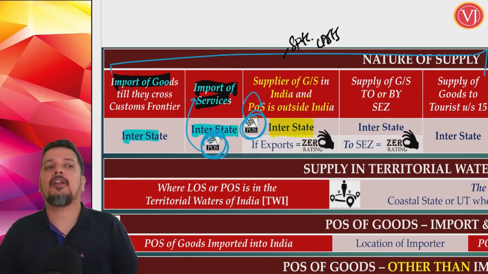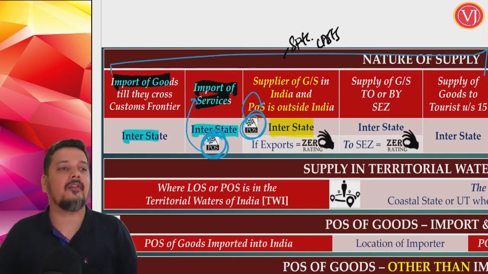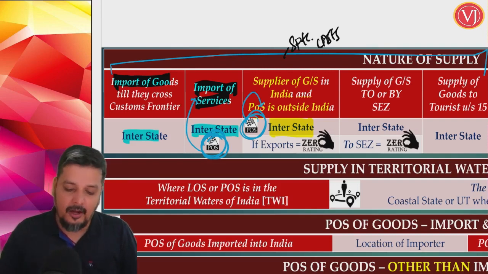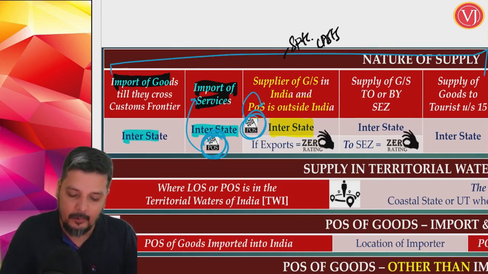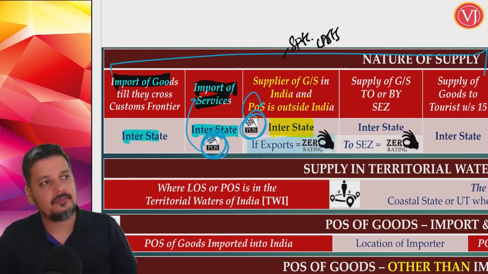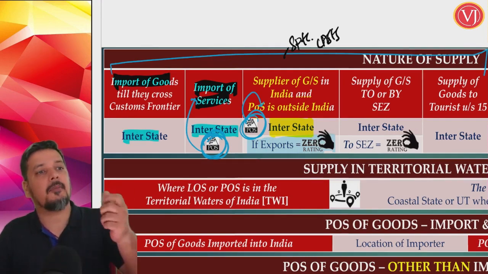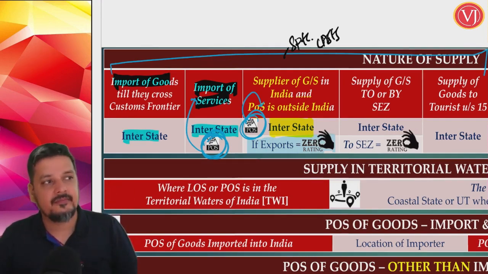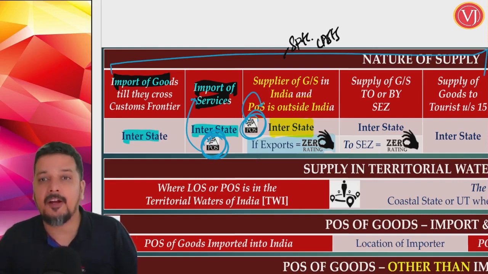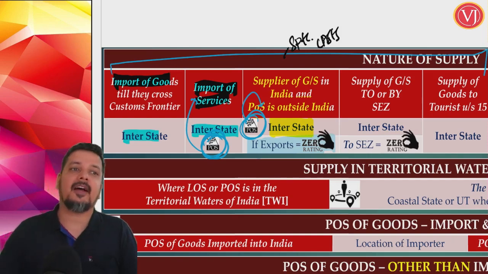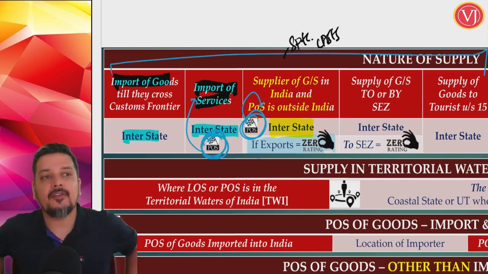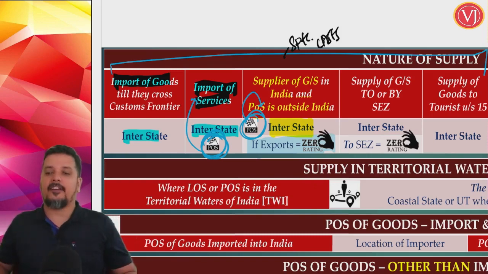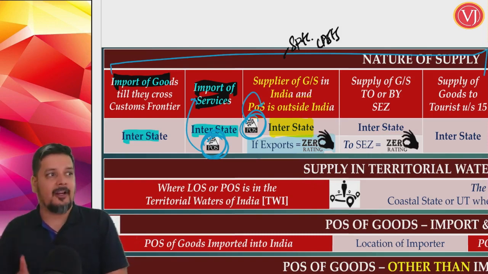And people always think that if it is India to USA, it is always export. No, it is not always export. It may be export, it may not be export, because for export you have to receive convertible foreign currency. So don't think that if LOS is in India and POS is outside India, it is always export.